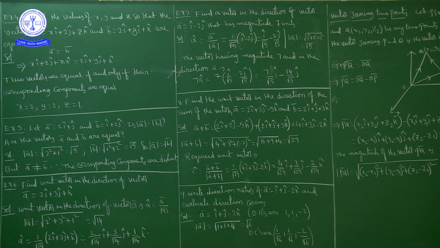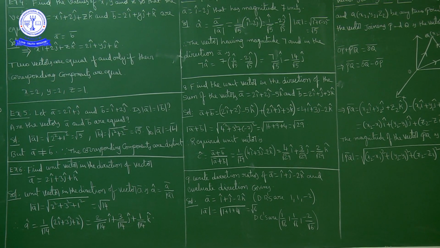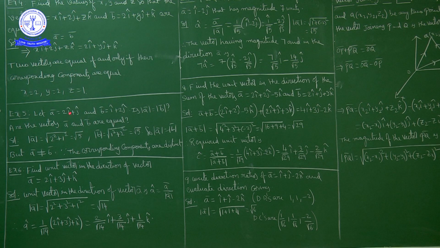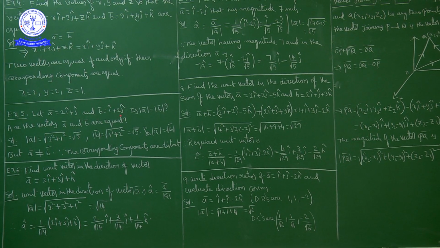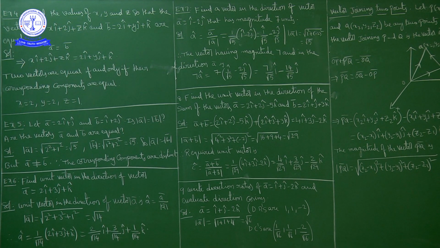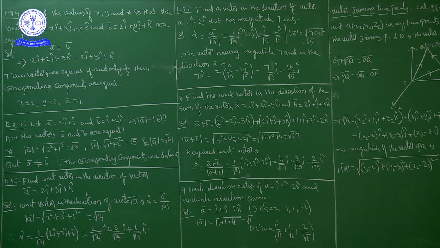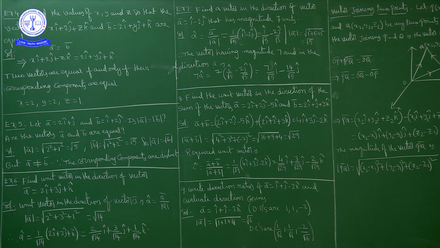The two vectors are given: a bar is 2i cap plus j cap, b bar is i cap plus 2j cap. Is the magnitude of a bar equal to the magnitude of b bar or not? The second question is, are the vectors a bar and b bar equal or not? Now here, the magnitude of a bar.